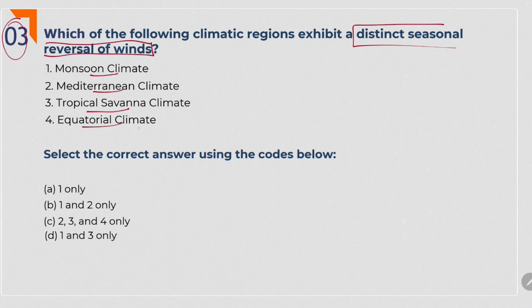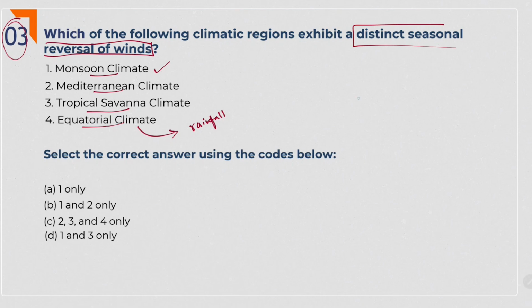We all know with respect to equatorial climate that the area in and around the equator experiences consistent rainfall throughout the year. It doesn't exhibit any seasonal reversal of winds, because here, due to low pressure, trade winds flow throughout the year. And coming to monsoon climate, yes, monsoon experiences seasonal reversal of winds.